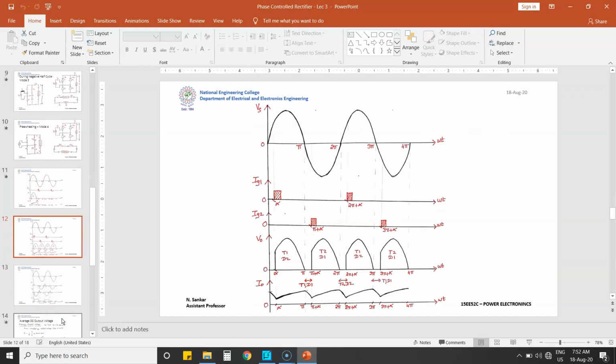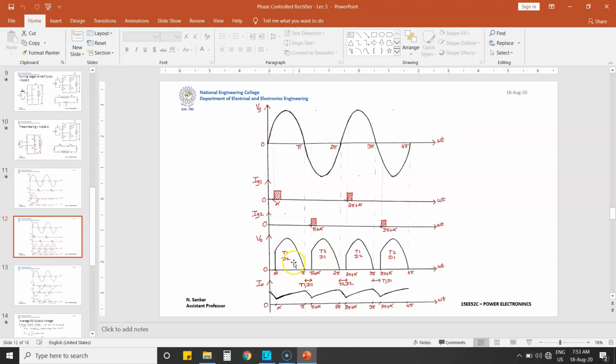The final diagram will be like this for the output graph. The same thing: you fire the SCR at alpha, for any angle like 30 degrees or 60 degrees, and the next thyristor should be triggered after 180 degrees. If this is triggered at 30, then thyristor 2 will be triggered at 30 plus 180, that is 210.